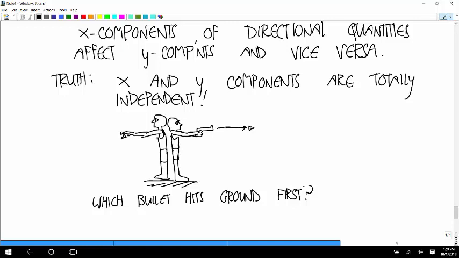If you did this here in the room, this person drops the bullet, this one fires the bullet towards the wall. By the time this bullet hits the wall, it doesn't even look like it's dropped at all.